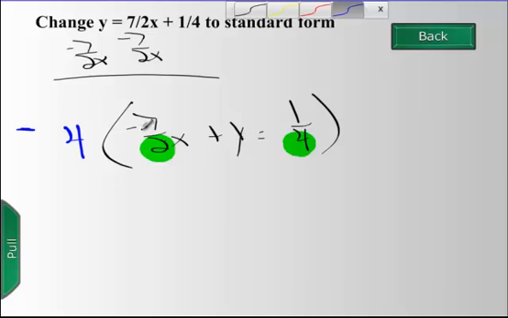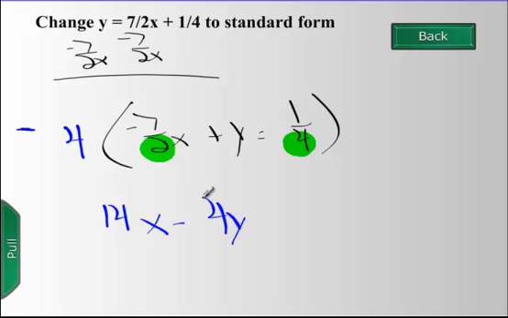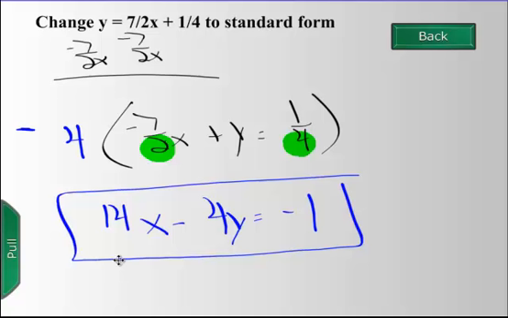So if I multiply negative times a negative is positive, that's good. If I take 4 times 7 is 28, half of that is 14. So now I have 14x minus 4y equals 4 divided by 4 is going to be 1, so -1. A, B, and C. So A is 14, B is -4, and C is -1.